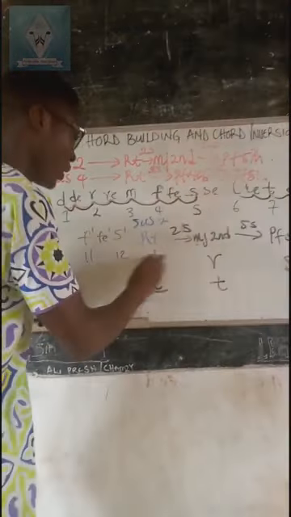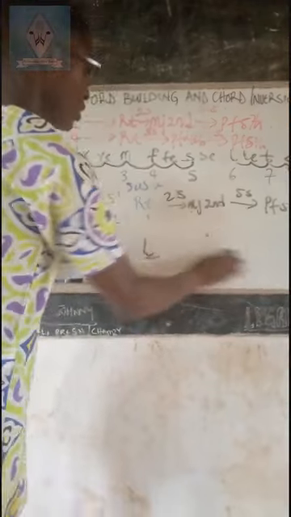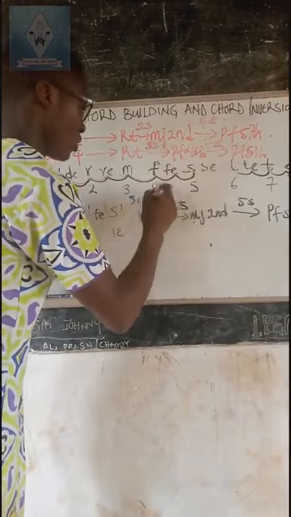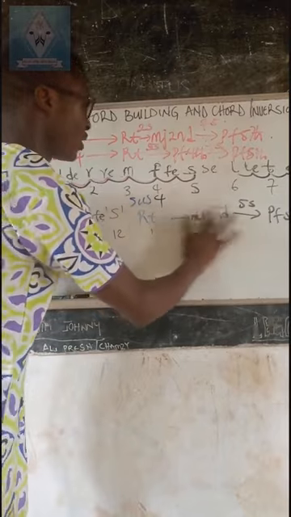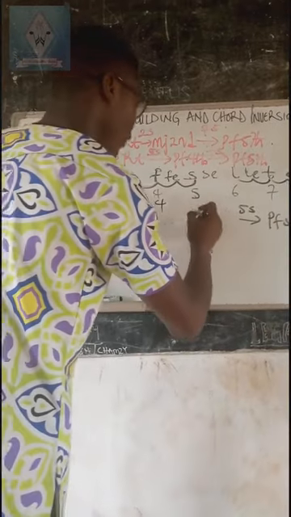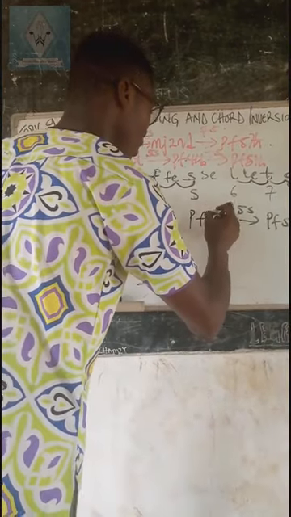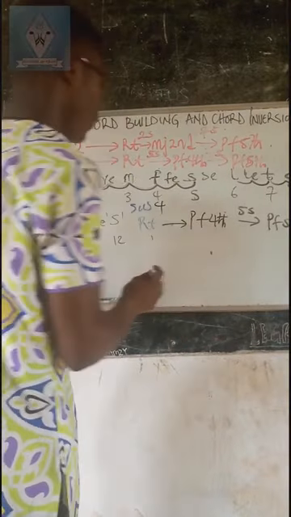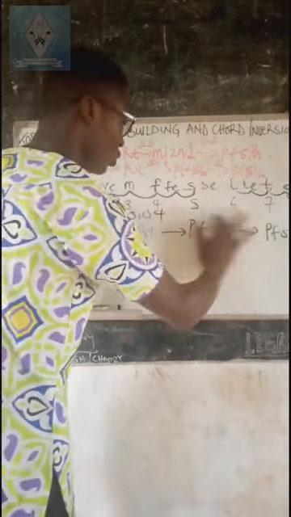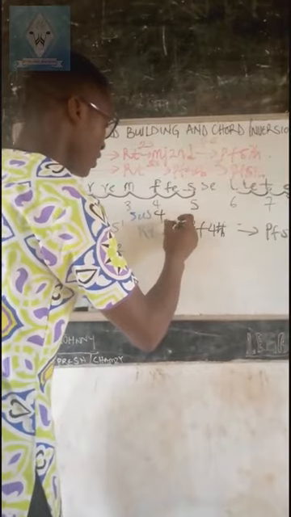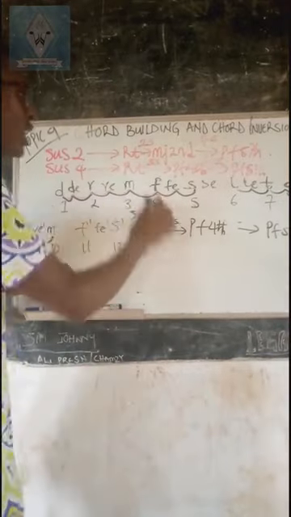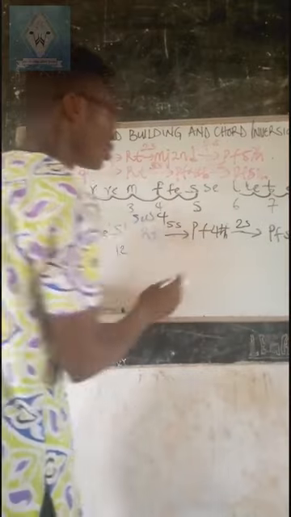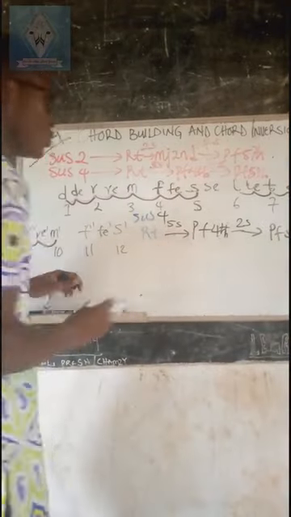Now for the suspended fourth chord, we have a root, a perfect fourth, and a perfect fifth. From the root to the perfect fourth is 5 semitones, as we said here, and if that is 5, here becomes 2 semitones, because 7 minus 5 gives us 2.